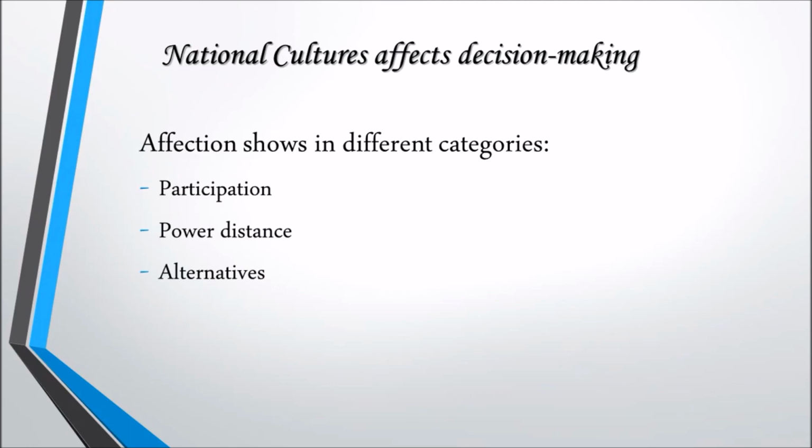Alternatives is the consideration of the decision maker whether to have one decision only or many alternatives in case of emergency. Decision-making styles. Different cultures have different styles of making decisions.